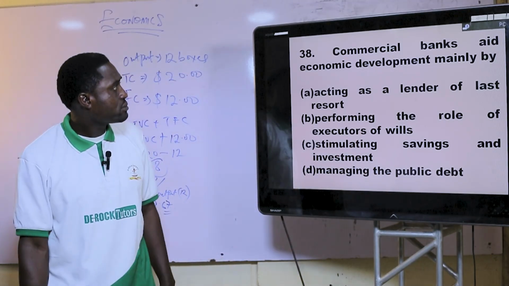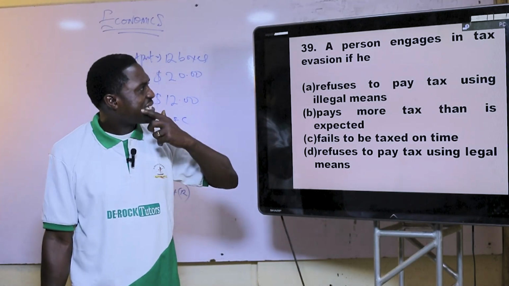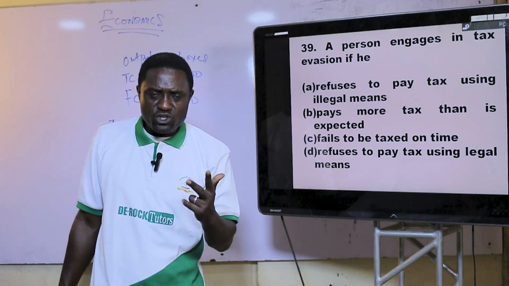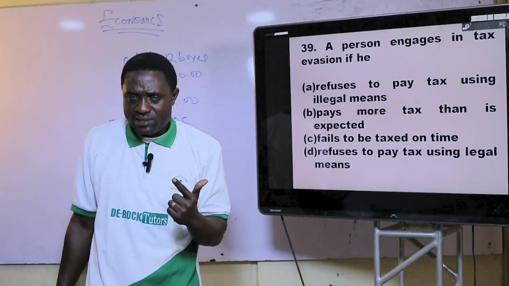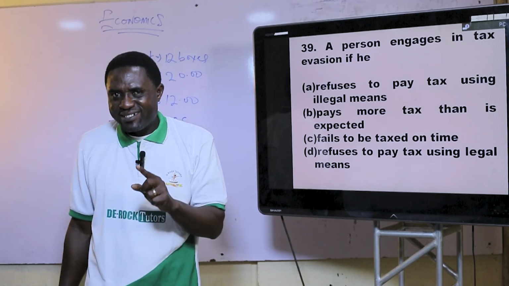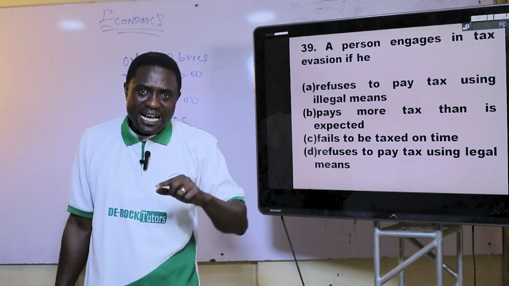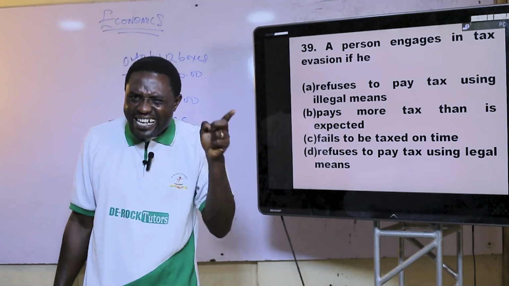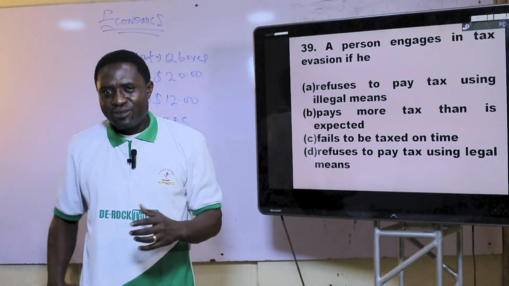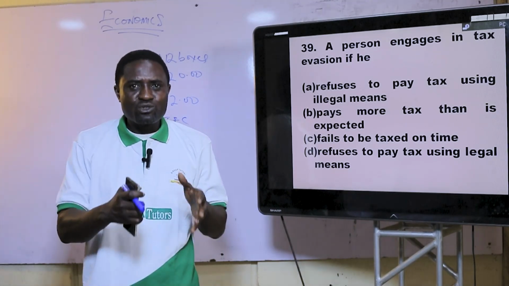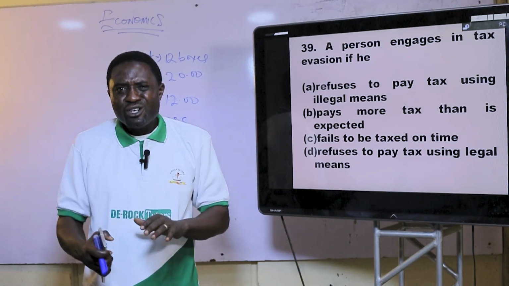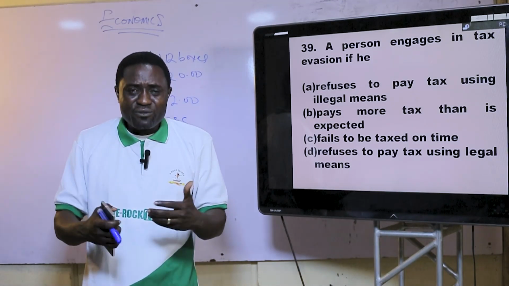The next question. A person engages in tax evasion if he. Now there are two types: we have tax evasion, we have tax avoidance. Tax evasion is illegal. Tax avoidance is still legitimate. When you have some understanding of tax policies, you can use it to reduce the amount of tax you are going to pay.